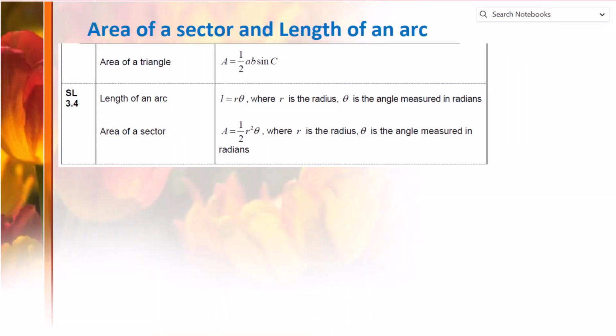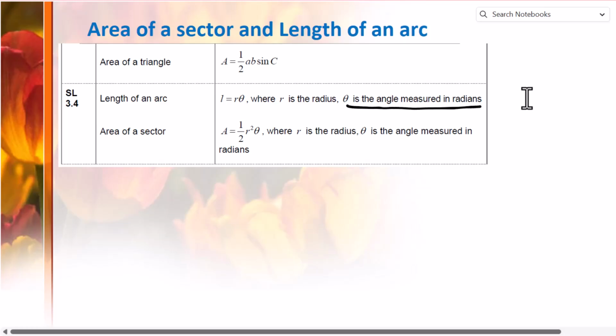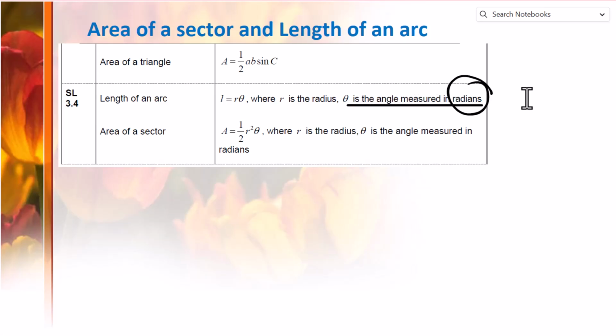This video is about area of a sector and length of an arc. In the formula chart, we are given length of an arc, L equals r theta, where theta is the angle measured in radians.